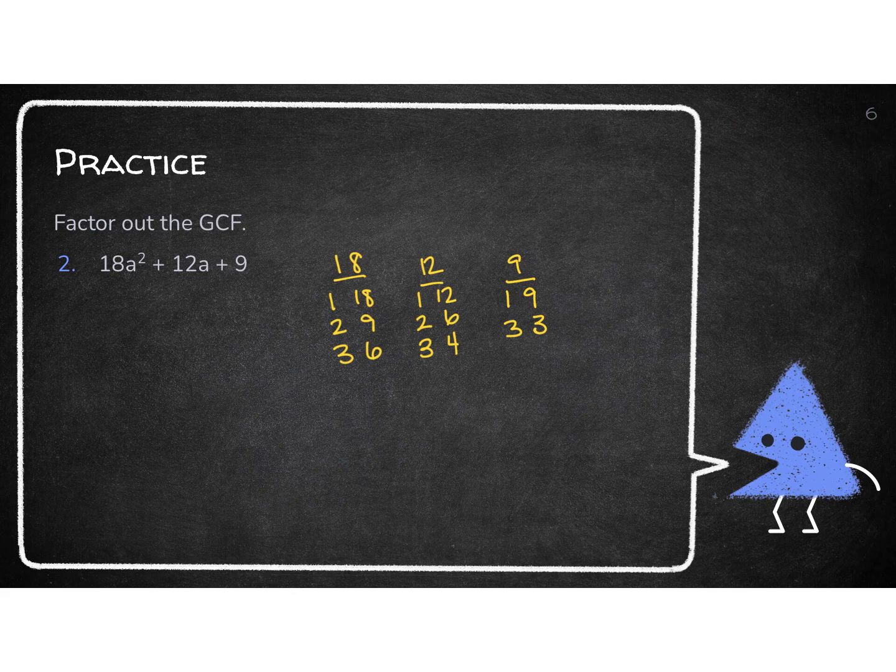So looking at this list, the biggest number they all have in them is going to be this 3. So I know I'm going to divide everything by 3.